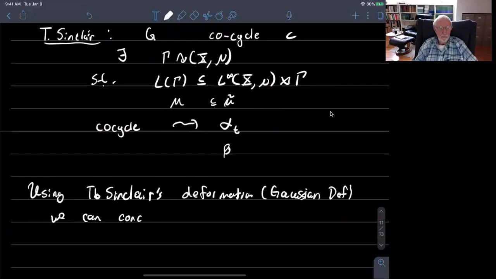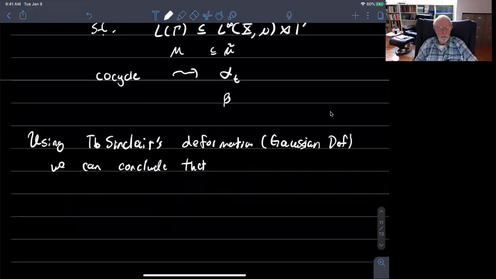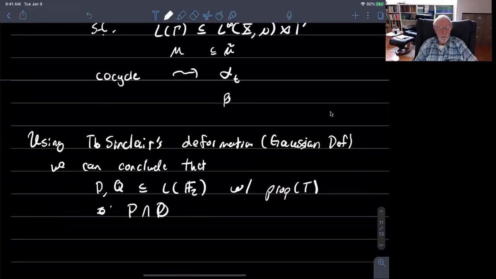We can conclude that if you have P and Q inside of LF2 with property T and large intersection, then it has to be the case that P and Q can't generate this von Neumann algebra, for basically the exact same reasons.